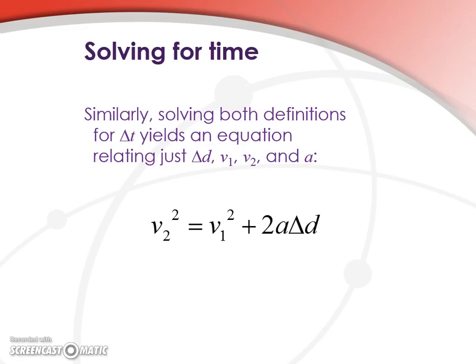Okay, so what we can do is manipulate the variables in the same kind of way and get our V2 squared equals V1 squared plus 2A delta D. And then from there, we can just sub in our starting speed of 30 meters per second and sub in our acceleration and our distance and solve for V2.